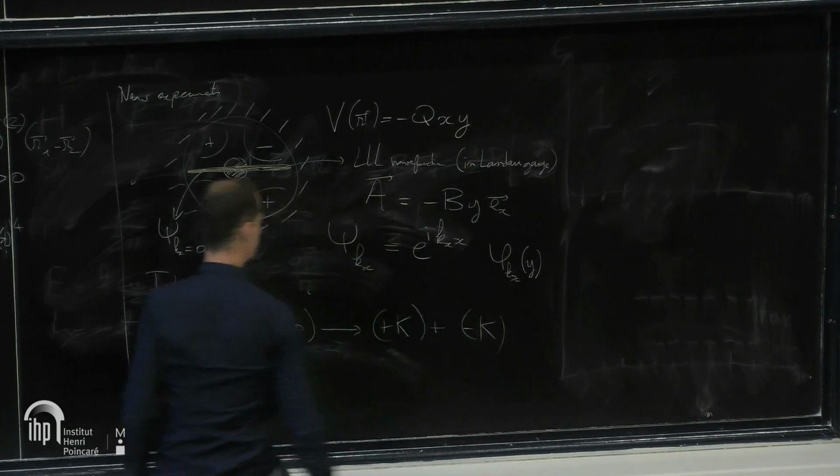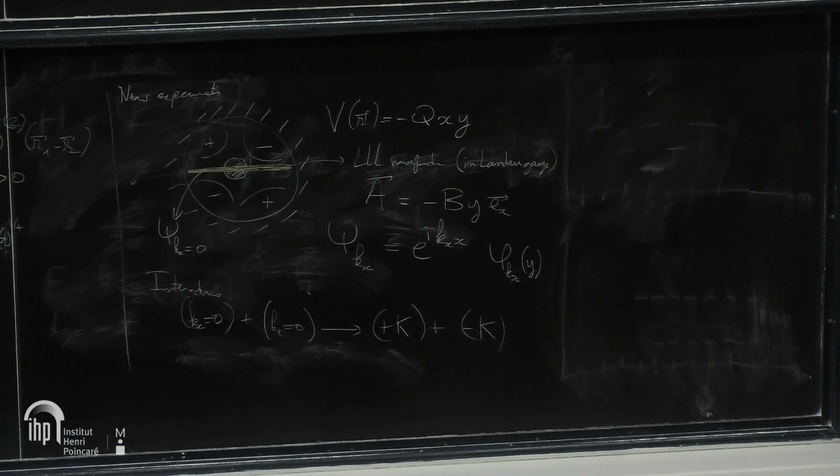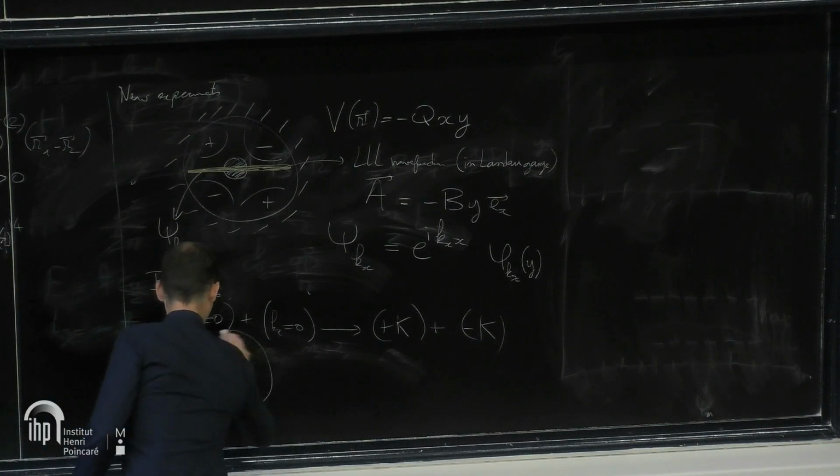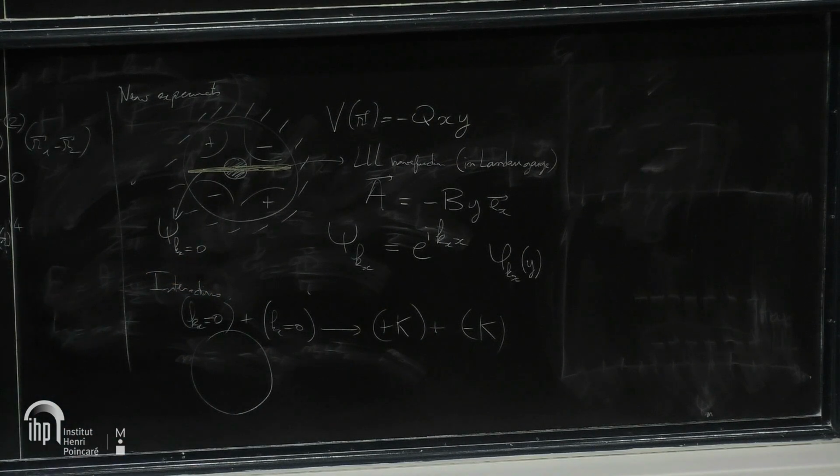I don't specify the value of k. So it means that now the wave function acquires different momenta, so it will break translational invariance. And in practice, the wave function wiggles.